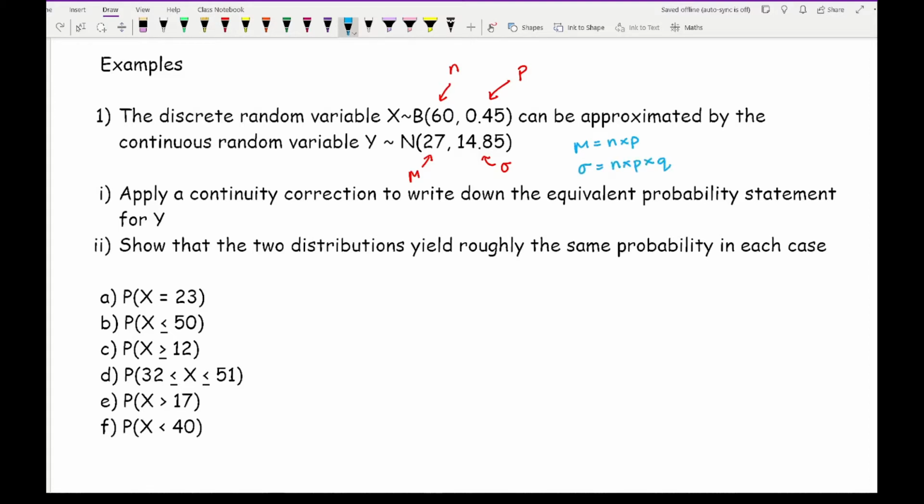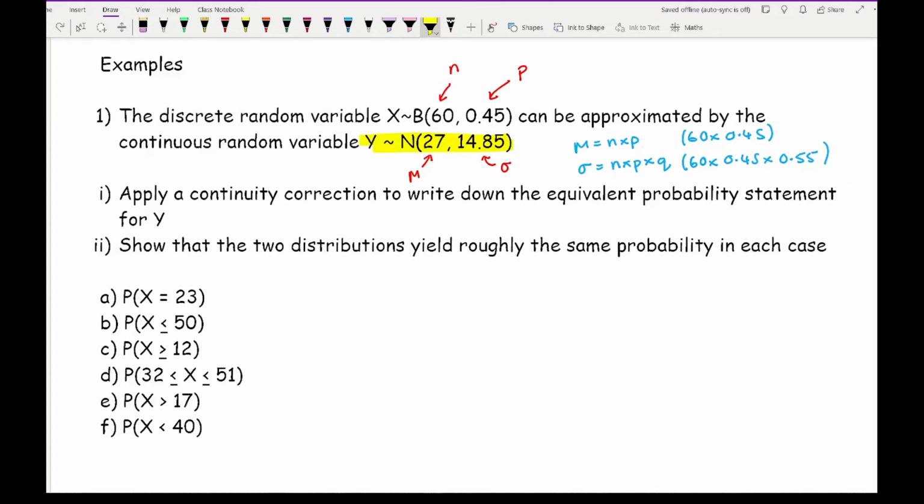So in other words, where those two numbers have come from is mu has come from 60 times 0.45, and the variance has come from 60 times 0.45 times 0.55. So typically you may be asked to work out what this is, but in this question they've actually given those values, so again they've done a bit of work for you.